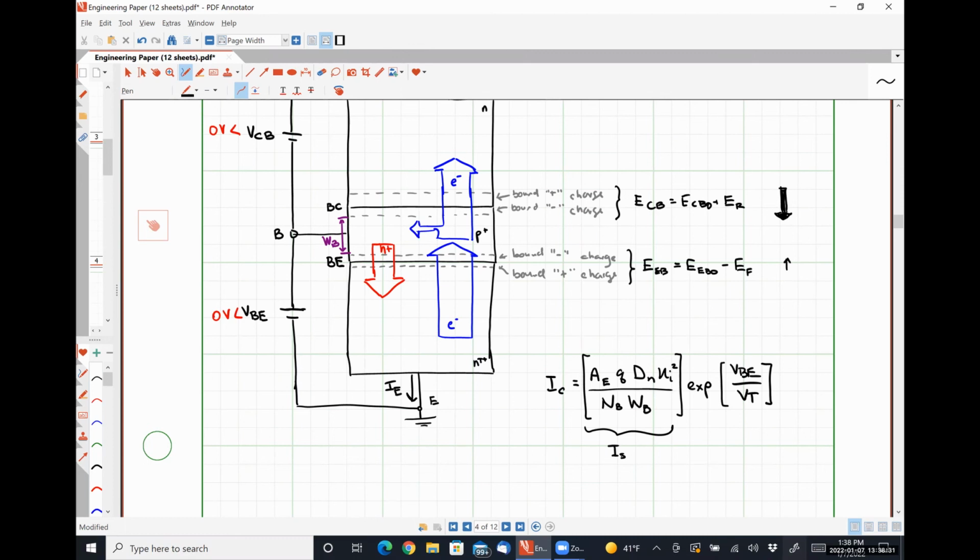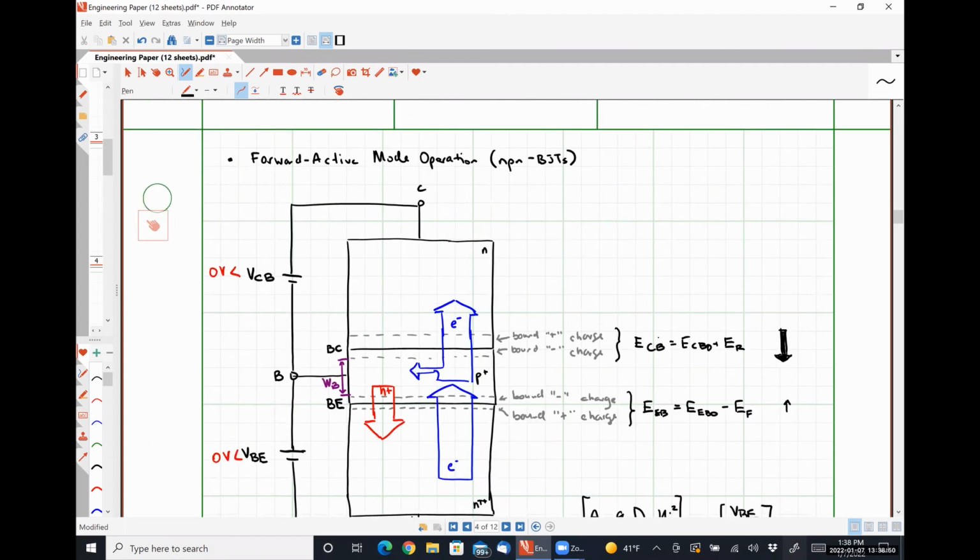So the amount of current flowing in the collector depends on the voltage drop over the base emitter junction at a first order look at how this system is behaving. Okay. So it should be fairly obvious. This is going to result in a terminal current of IC flowing down, right? Because if the electrons are flowing up, the positive current is flowing down.